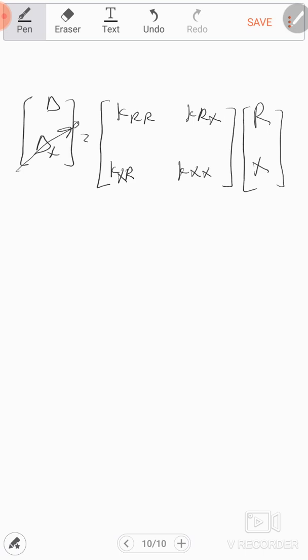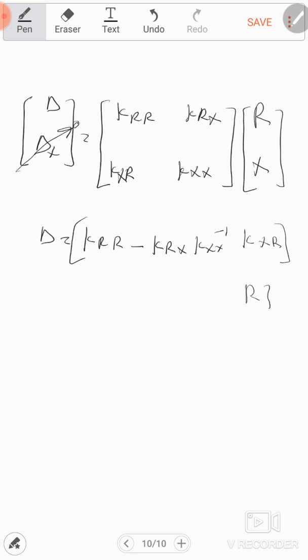And finally the delta equals Krr minus Krx times Kxx inverse Kxr, times R. Or you can write it another way, K times R. Because here is 0, so X is no need.